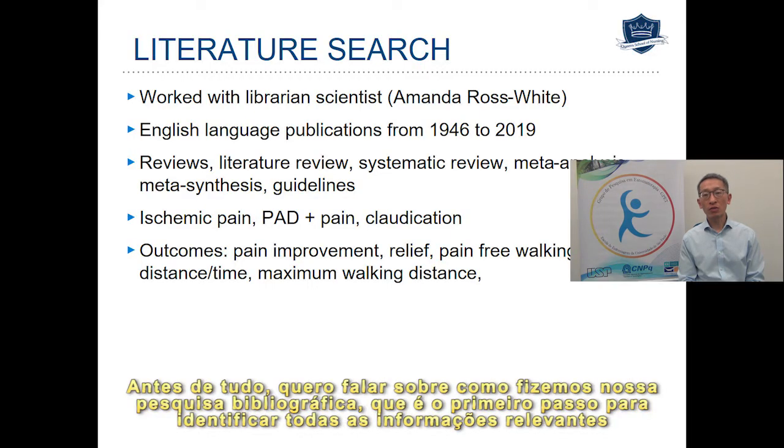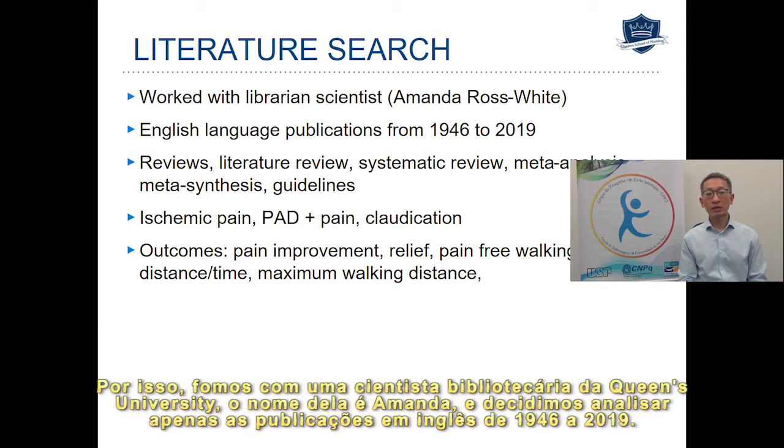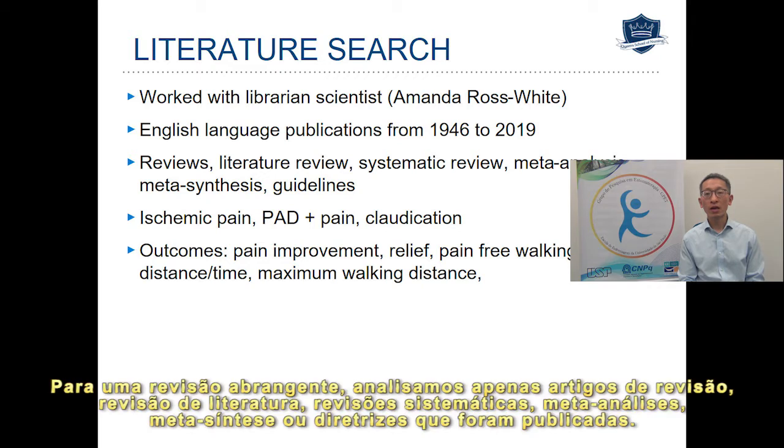So first of all, I want to talk about how we went about doing our literature search. The first step is to identify all the relevant information. So we worked with a librarian scientist at Queen's University. Her name is Amanda. We decided to look at only English language publications from 1946 to 2019.